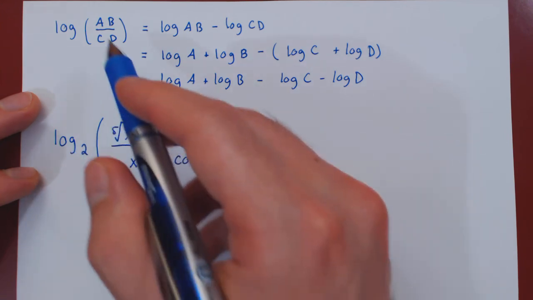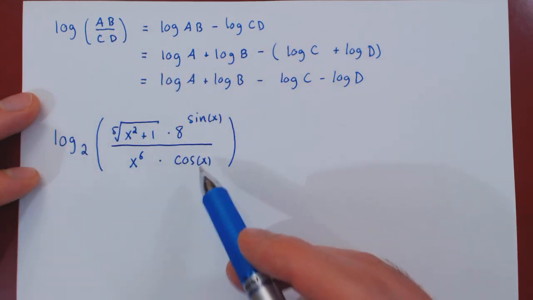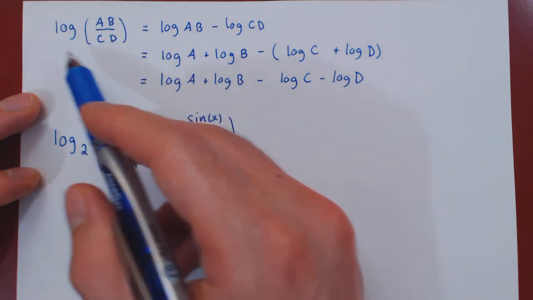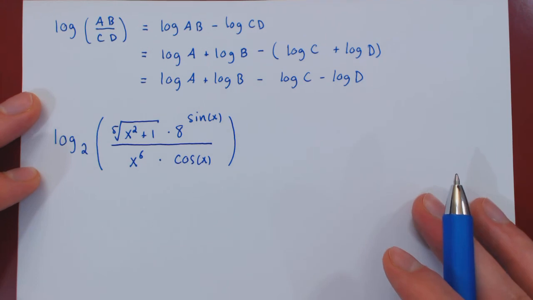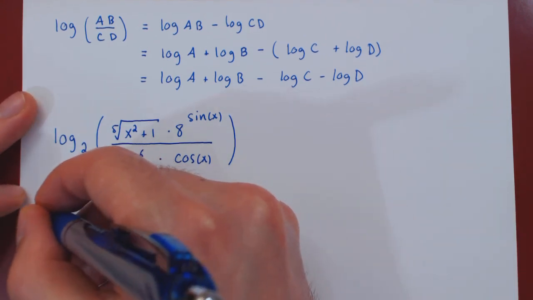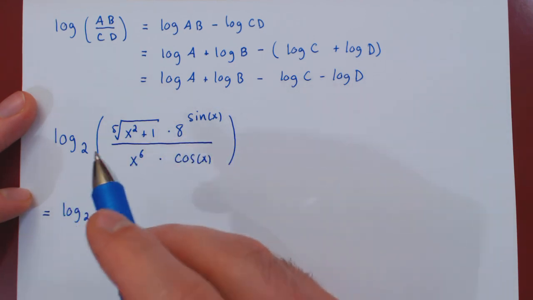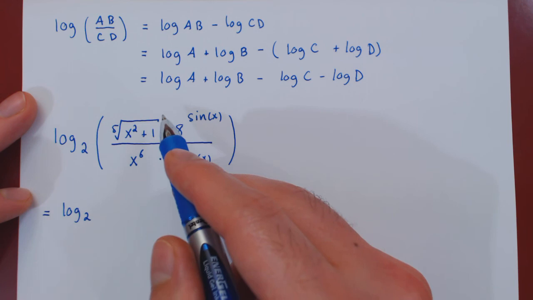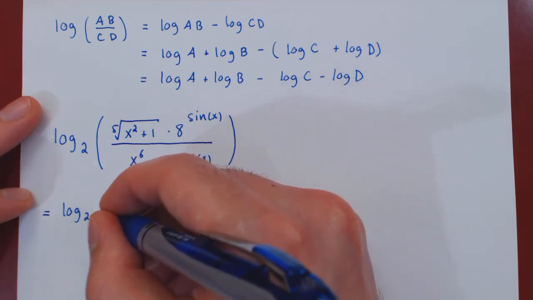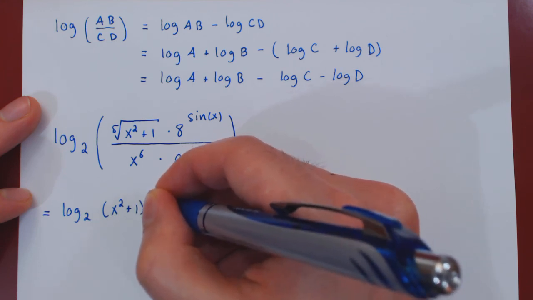So we have, just as in the general discussion, the log of a product over a product. So we can right away go from here to here. So what will this become? Well, we'll get the log base 2 of, and here let me replace the 5th root by a power of 1 over 5, and you'll see why in a second. So this is x squared plus 1 to the power 1 over 5.